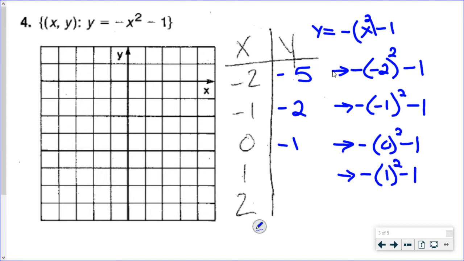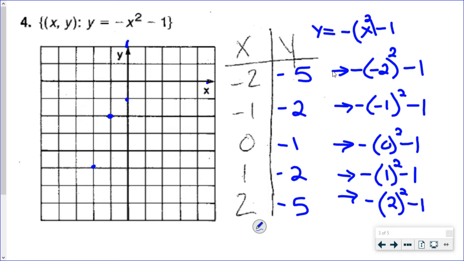Again, now I'm going to arrow over and put a 1 in the parentheses, and that's going to give me a -2. And now I'm going to put a normal 2 in parentheses, and that's going to give me a -5. So when I plot the ordered pairs: -2, -5, -1, -2, 0, -1.